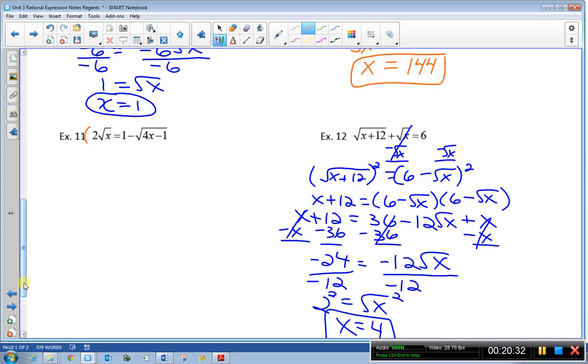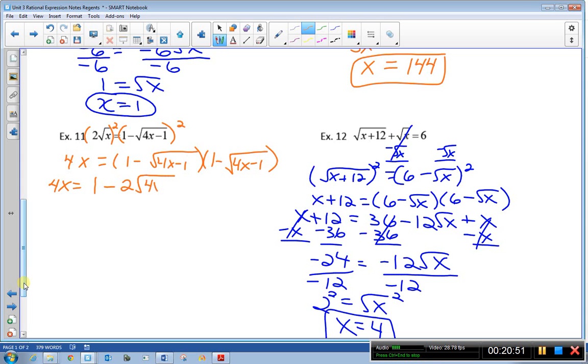And then the last one, I'm going to square it in its current state rather than dividing. So that's 4x, and then 1 minus radical 4x minus 1 times 1 minus radical 4x minus 1. So I get 4x equals 1 minus 2 of those radical 4x minus 1s plus 4x minus 1.